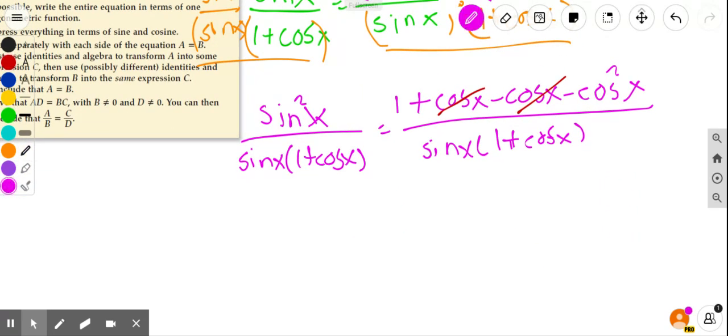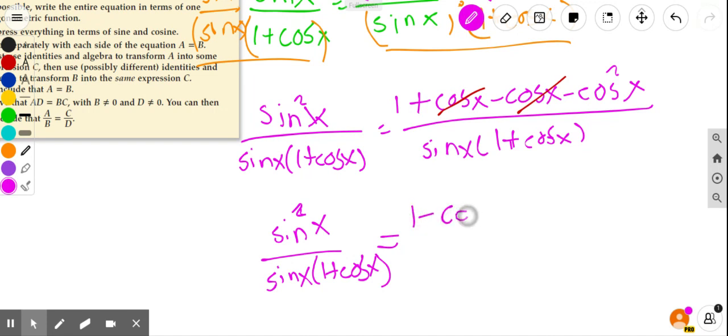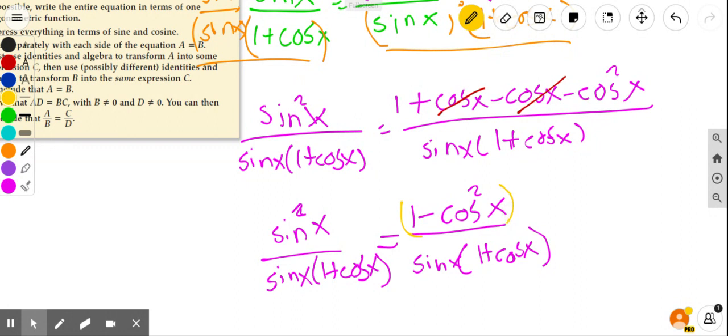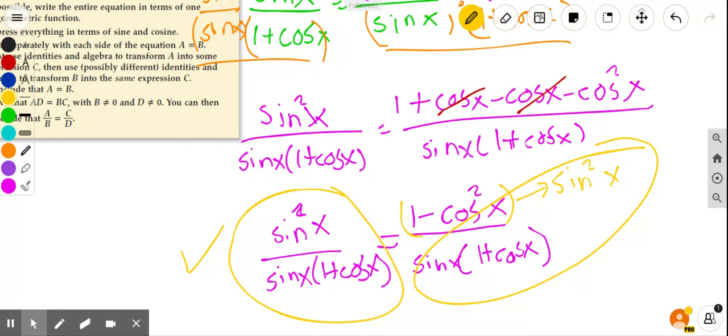So then I would have sine squared of x over sine of x, 1 plus cosine of x multiplied to it. And I get 1 minus cosine squared of x over, again, that common denominator. Right? And I know that this can be replaced with a sine squared. So then I have this is equal to this. So I can consider that done. So yeah, that's what you can do. All right, so let me set up and let's do a couple more.